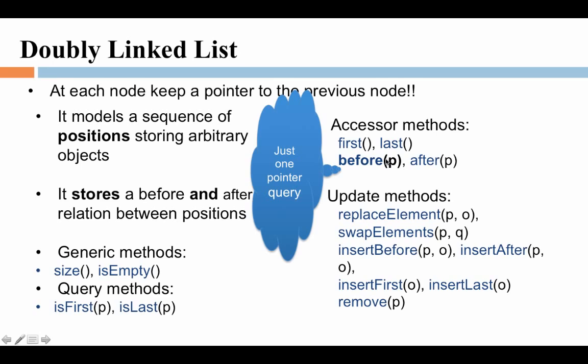You only have to take the previous field of this particular object, and essentially we get the previous position to p. Other methods are conceptually the same, the return values are identical, and there will be only minor modifications in the implementation.